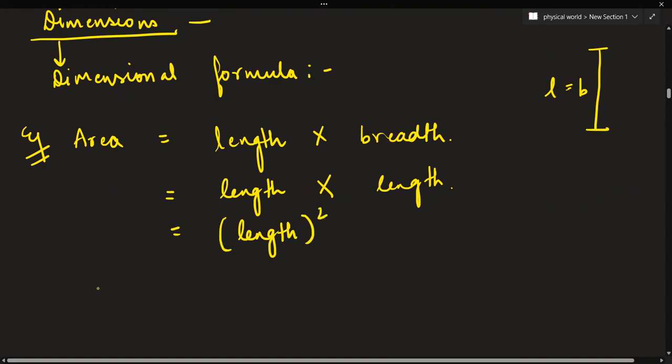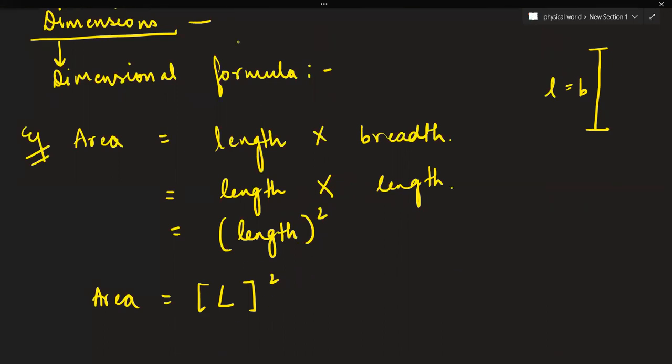And how do we represent length? We represent length with the help of capital L. This becomes L squared. Now, if you have to expand it and write it, is there any mass right now? Are you able to see any mass in this final equation? No, there is no mass. Are you able to see any time?